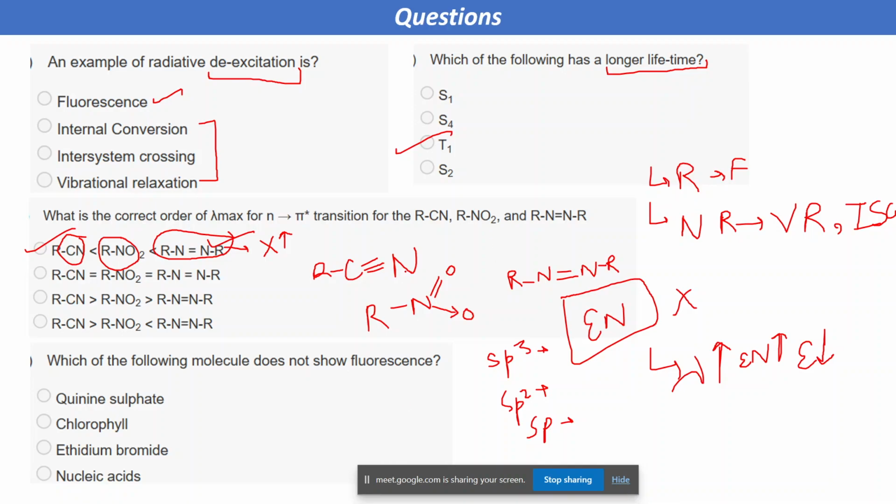Now, which of the following does not show fluorescence? Quinine sulfate, chlorophyll, ethylene bromide, nucleic acids. Why will it be nucleic acids? Firstly, tell me what are the conditions for a molecule to be fluorescent.